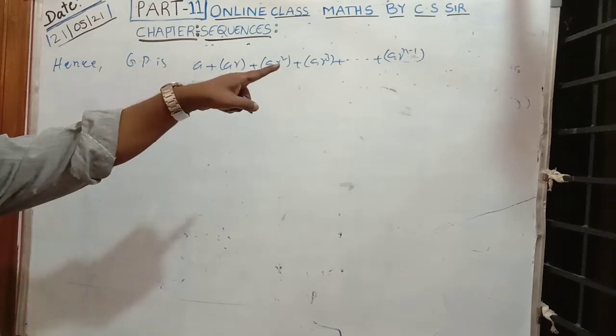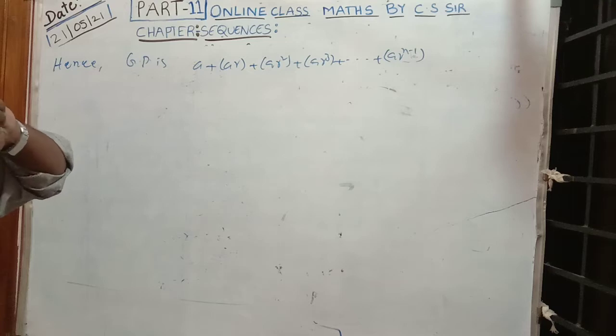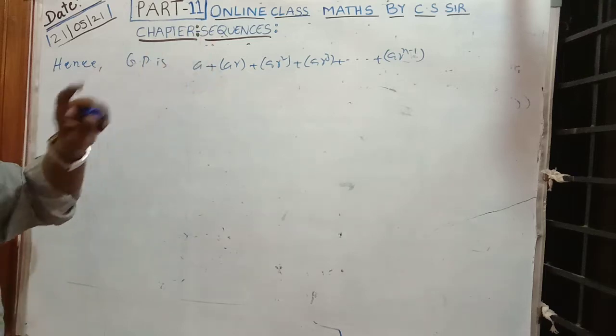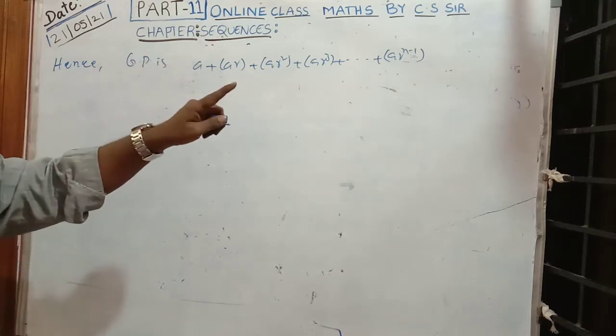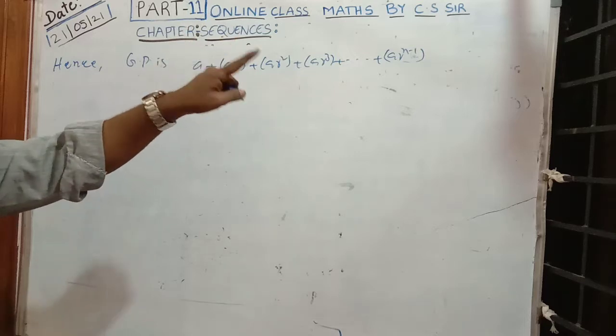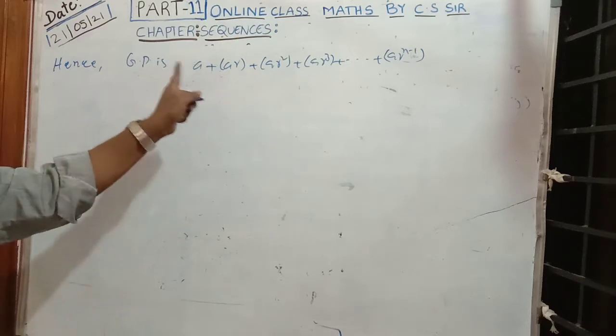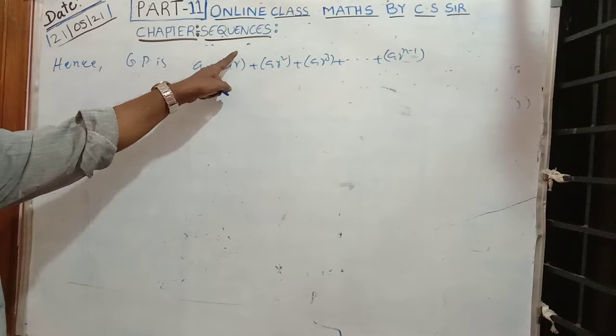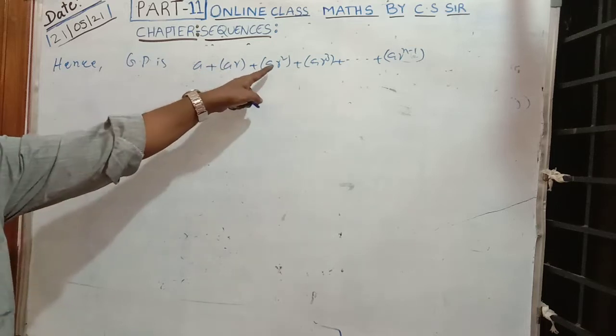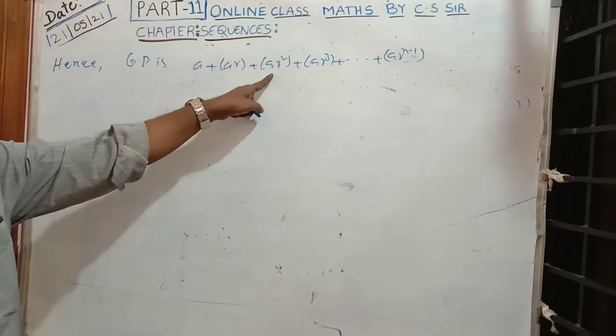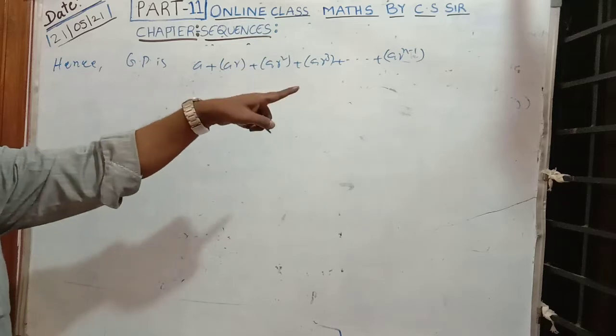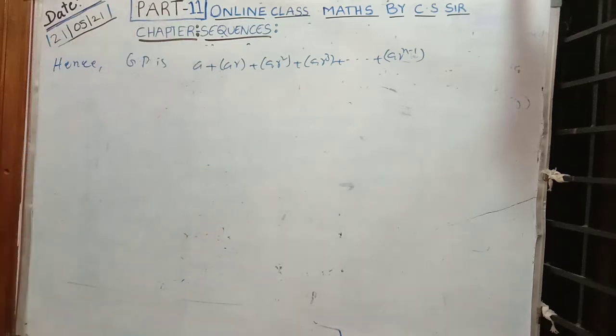Why is it ar^(n-1)? Because the index is n-1, but it is the nth term. ar^1 means the second term, ar^2 means the third term, so ar^(n-1) is the nth term.